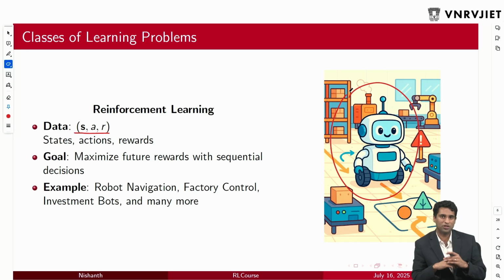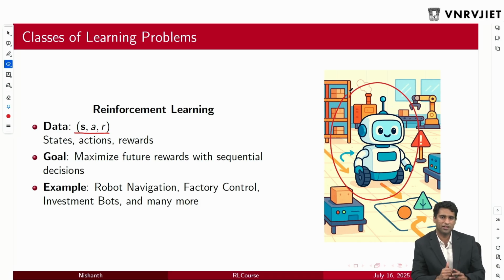Now, the goal for a reinforcement learning algorithm is to make the agent pick actions such that the total reward that the agent receives is maximized. So in the case of the robot example, we want the floor to be as clean as possible without destroying any furniture in the room.